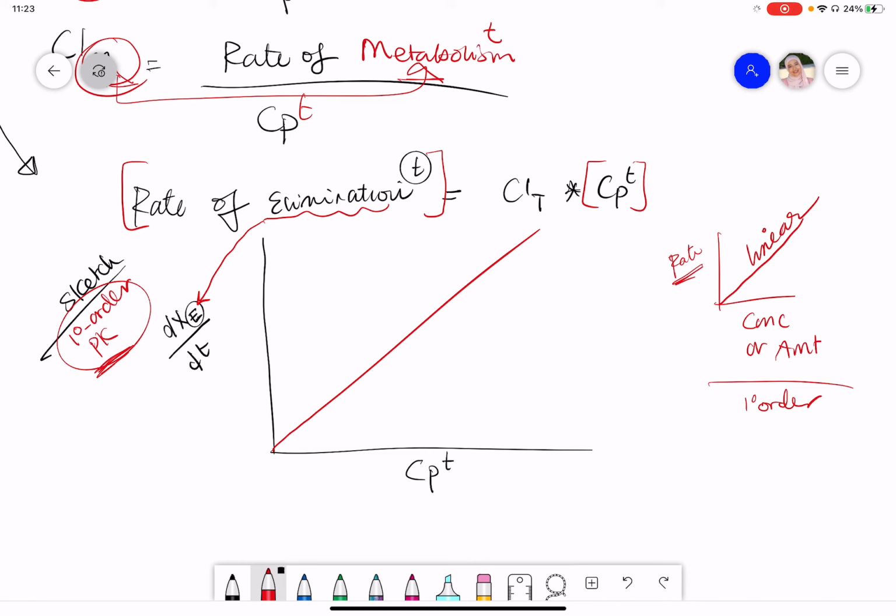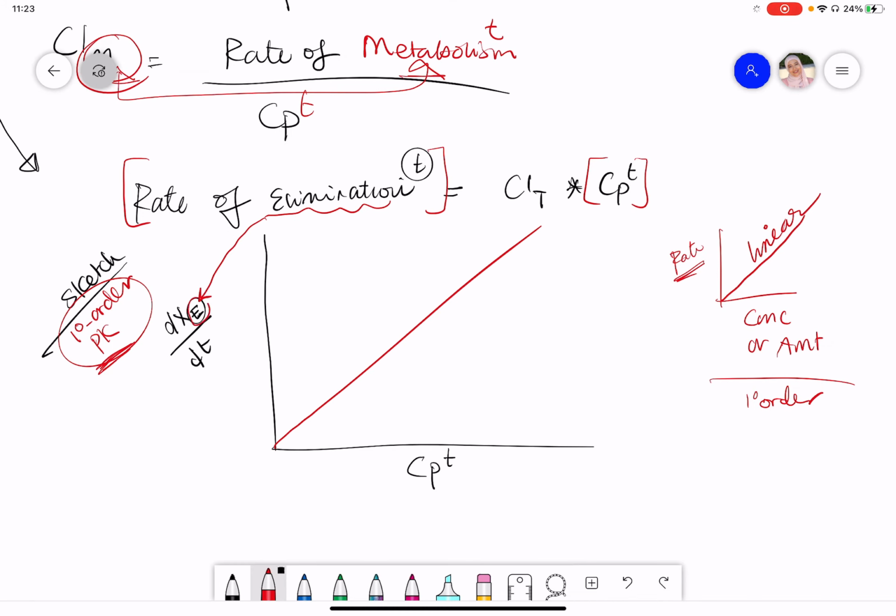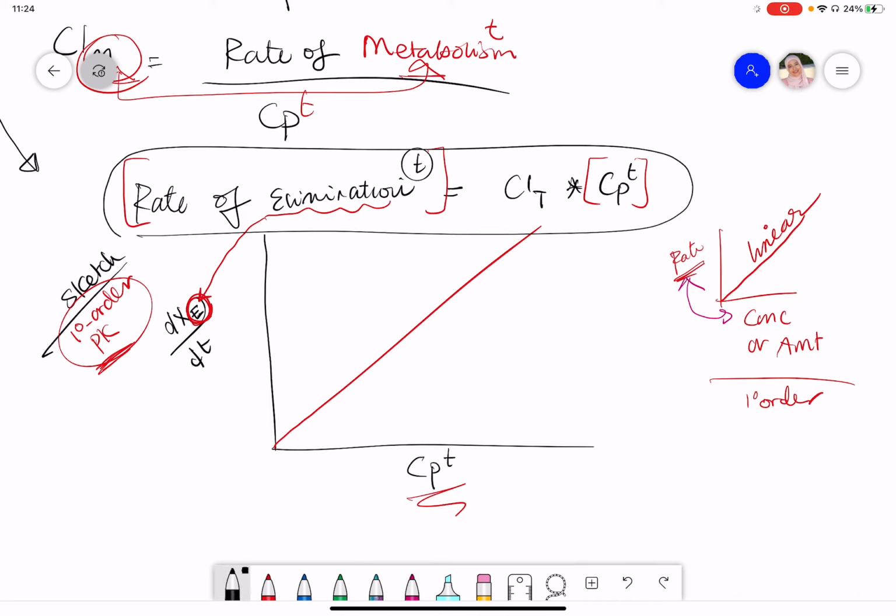I didn't change anything. I just mentioned elimination rate versus concentration, which is the same as here, but we are talking about this equation, which shows what is happening in first order kinetics.